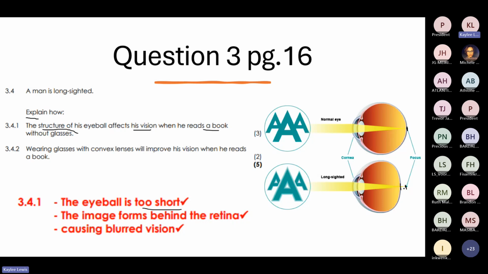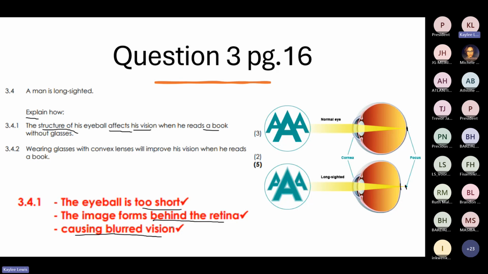Well, the image is going to form behind the retina. So instead of the image forming on the retina to produce a clear image, the image is going to form behind the retina. And how do you end it off? How does it affect his vision, this? Well, it will cause blurred vision when he reads a book.